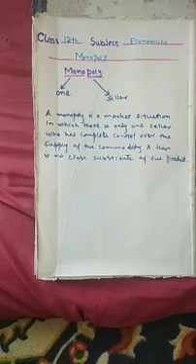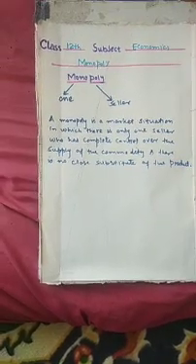Therefore, we can say that a monopoly is a market in which there is only one seller who has complete control over the supply of that product, and there exists no close substitute of that product.